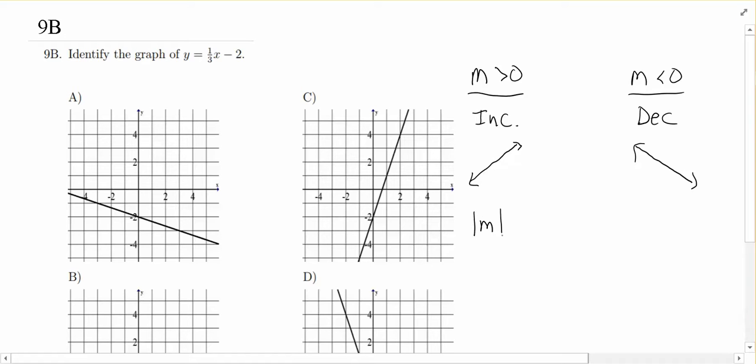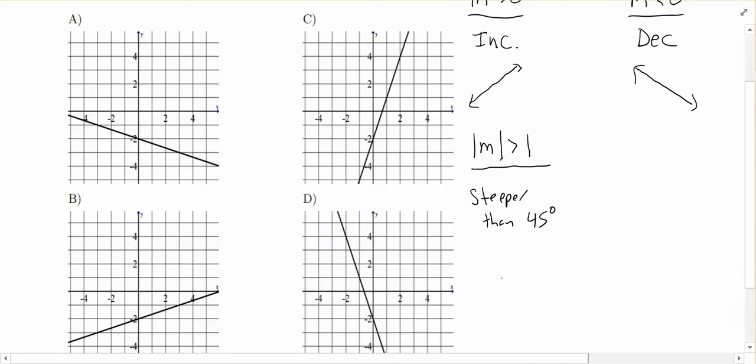If the absolute value of your slope is larger than 1, so you're talking about numbers like 2, 3, 4, or -2, -3, -4, then that's going to tell me that we are steeper than a 45-degree angle. So what I mean by that is if it's positive, we're steep. If it's negative, we're steep in this direction.